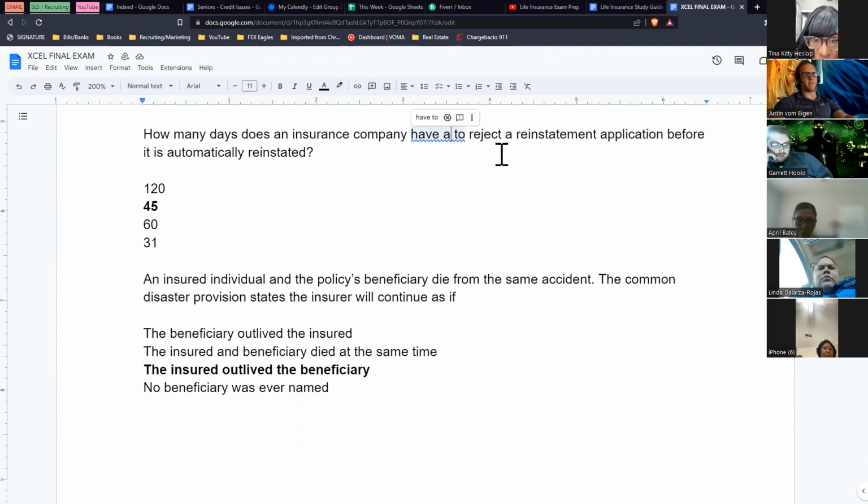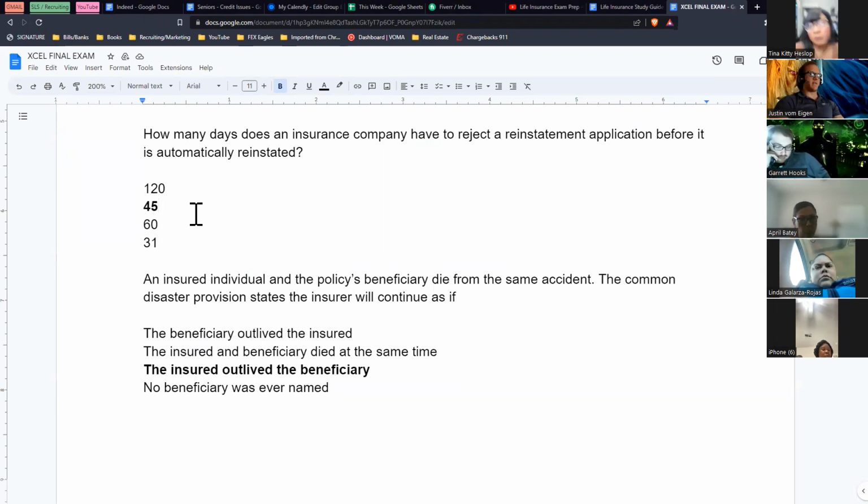I guess it's 45, so it's good to know. 45 days to reject an application to reinstate a policy. If they don't, that's in Florida, if they don't give proof, then it's automatically going to be reinstated anyway.